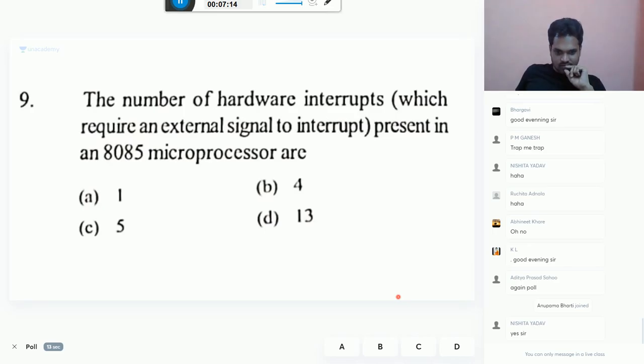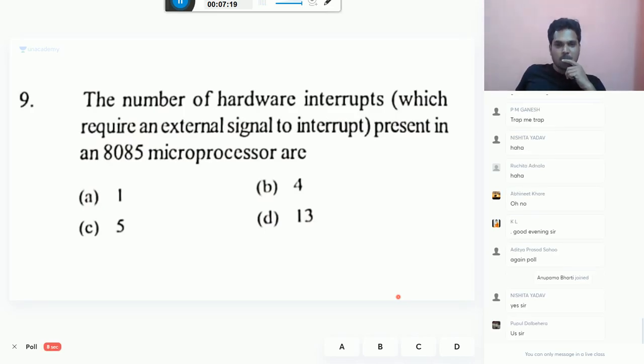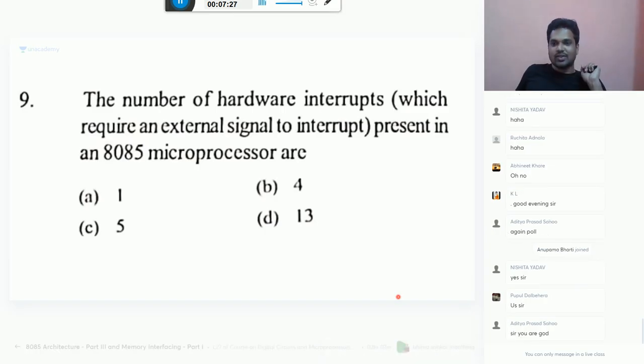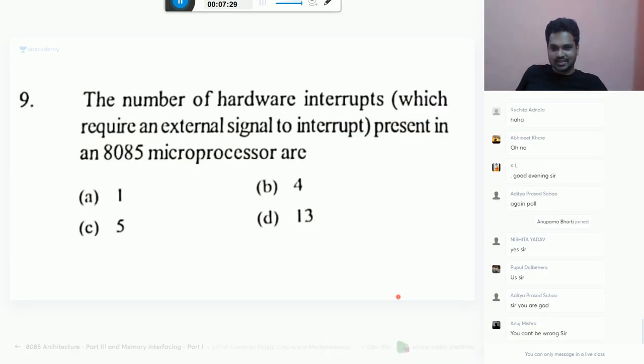What's happening? Yesterday I didn't have much energy because I had a little headache. Now I will give you full energy. Okay. So hardware interrupts are 5, software interrupts are 8.